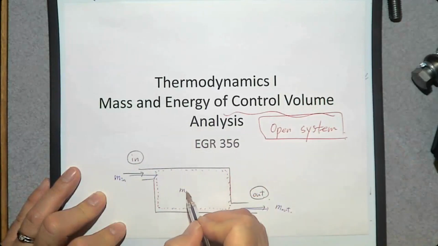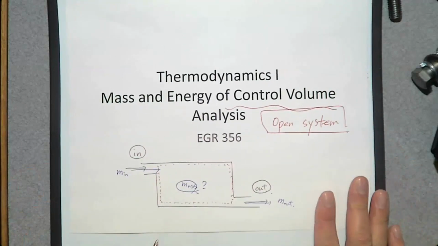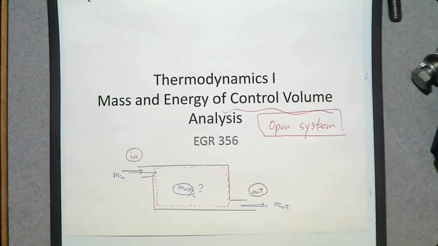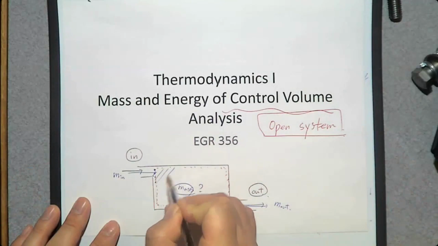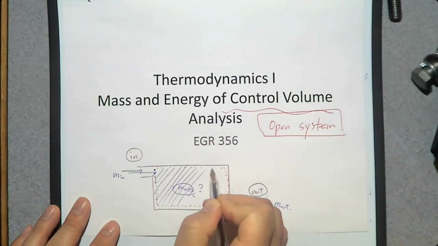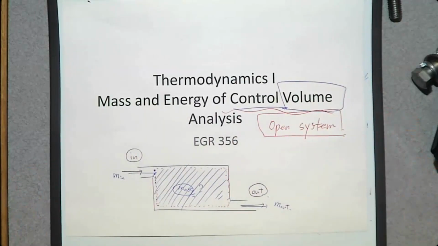So what is the mass of the system? Can you determine the mass of the system when you have a continuous mass flow? You can't. So instead of assuming constant mass, when you have an inlet or an exit, we only study a volume. So this is the volume that we are going to analyze. That is control volume analysis, which is an open system.